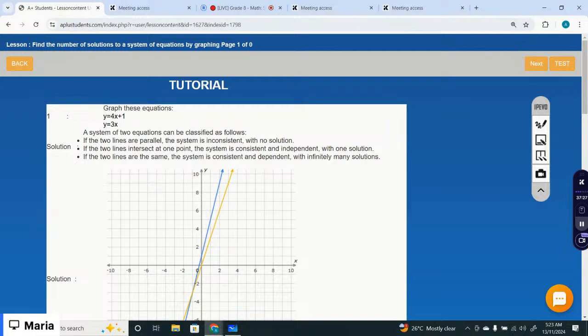If the two lines intersect at one point, the system is consistent and independent with one solution. If the two lines are the same, the system is consistent and dependent with infinitely many solutions.